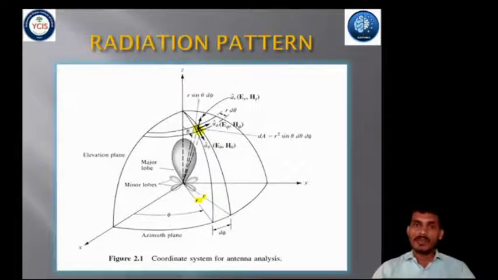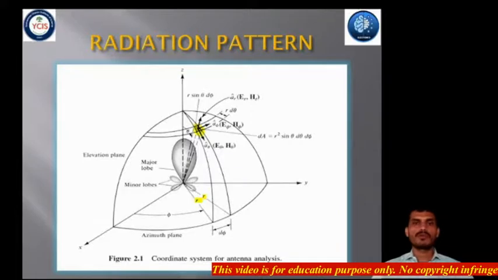That means from this lobe we consider only a small portion, and we calculate the radiation power and radiation field pattern. We can calculate for this small part, and finally we can integrate it and calculate the total radiated power in a major lobe, or the total radiated field of that major lobe, by using this.